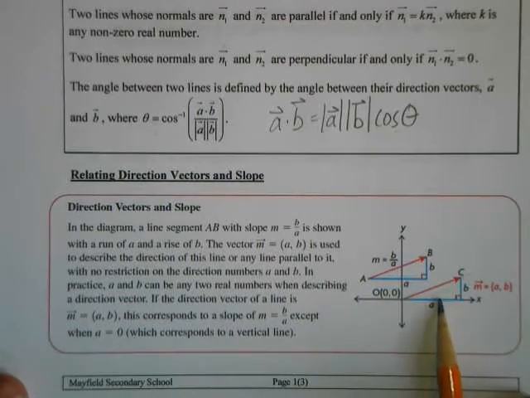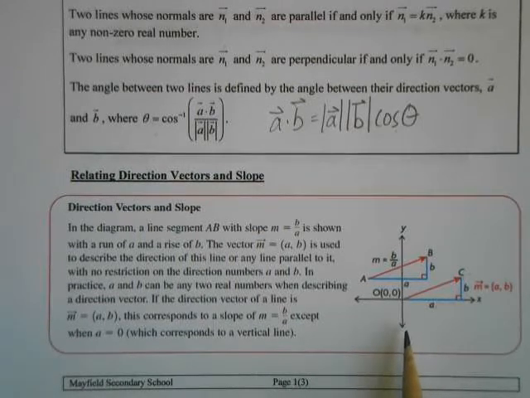The components of that direction vector are a, b. What the a means is that's the change in the x direction, and b is the change in the y direction. In other words, rise and run. So if I know the direction vector, I can calculate the slope, because it's going to be b over a from the direction vector.